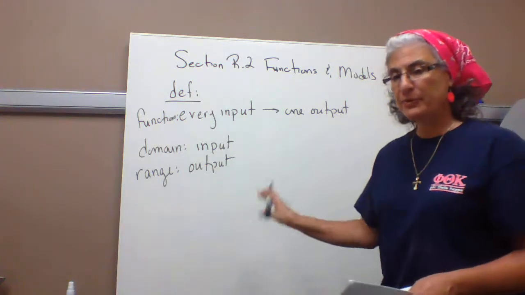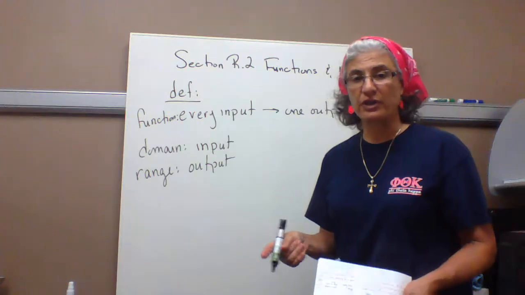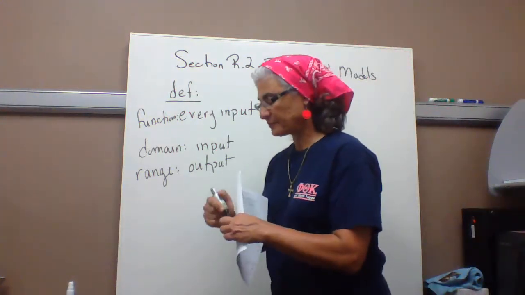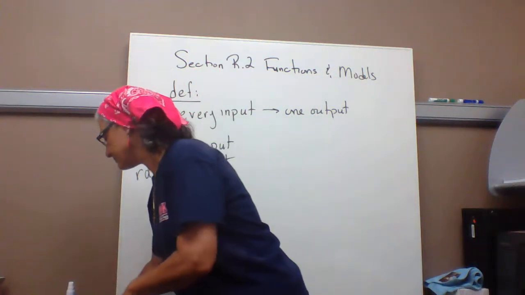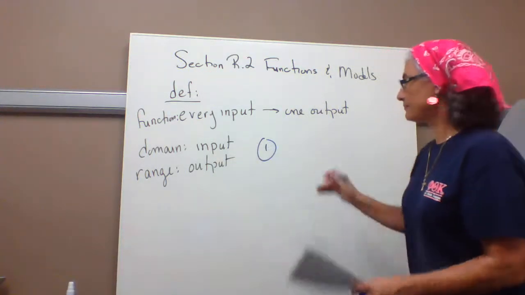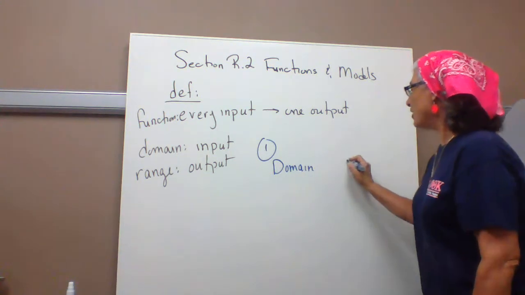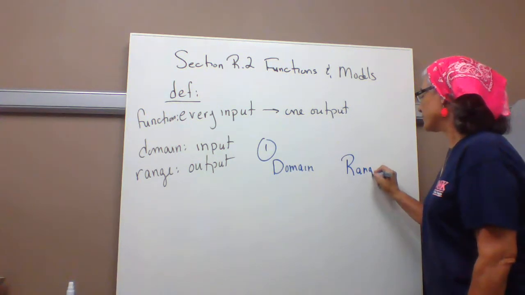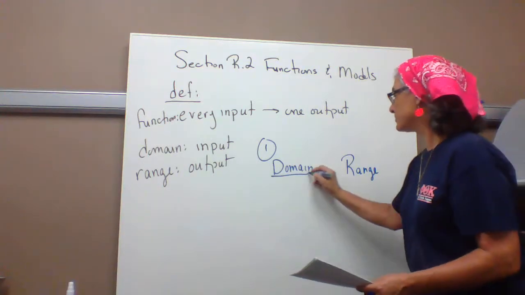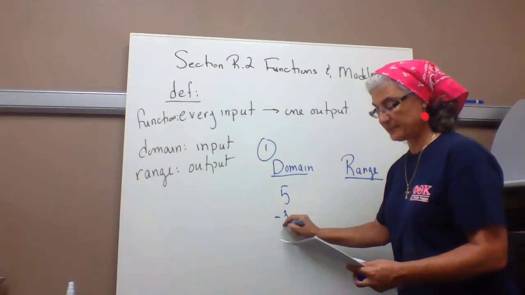So, let me put an example up, and I want to know if it's going to be a function or not. So we're going to walk through it. On this side, I'm going to put the domain. On this side, I'm going to put the range. The domain has these numbers in it.